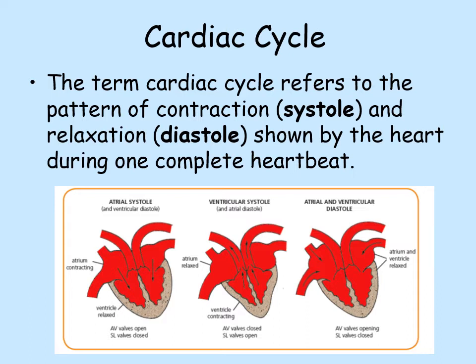The third diagram shows what happens when all 4 chambers of the heart relax. This stage is called atrial and ventricular diastole. At that point, the blood is going into the chambers and all 4 chambers are filling up with blood.